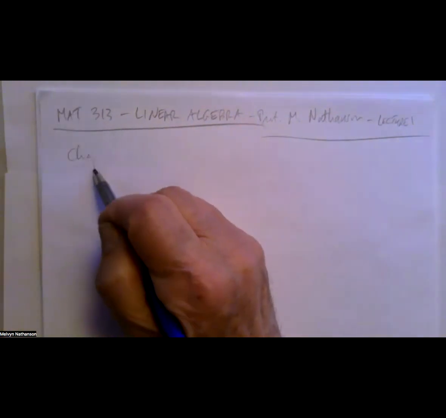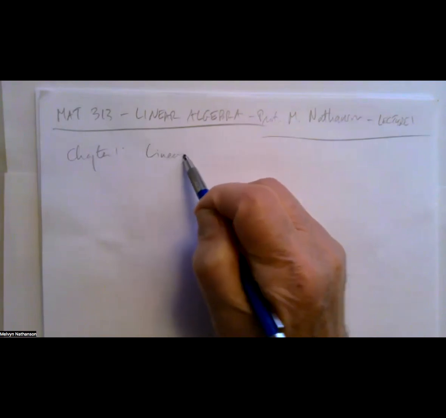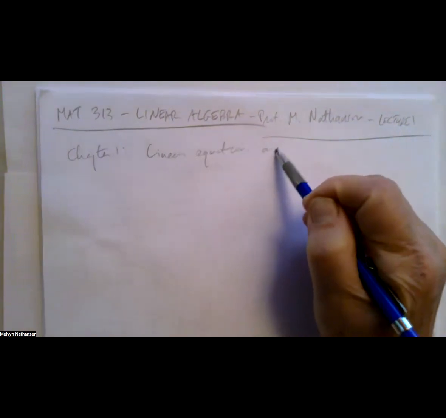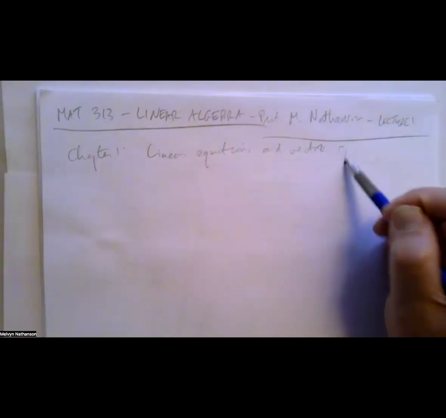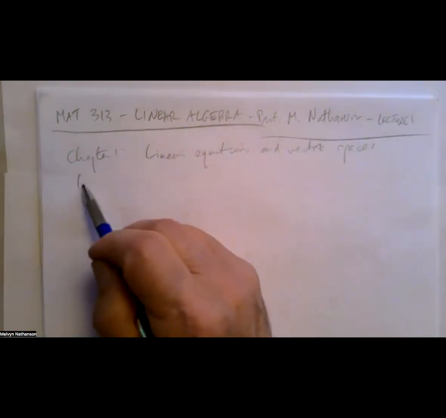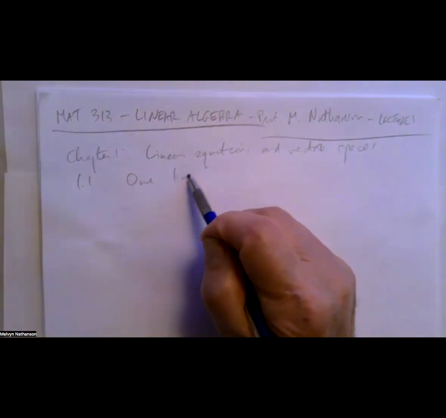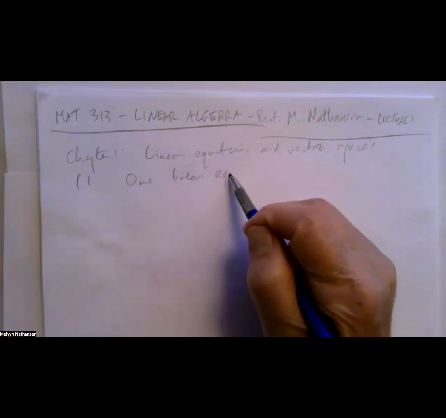So chapter 1 in the notes is on linear equations and vector spaces. And section 1.1 is something that you've seen before, trying to solve one linear equation.